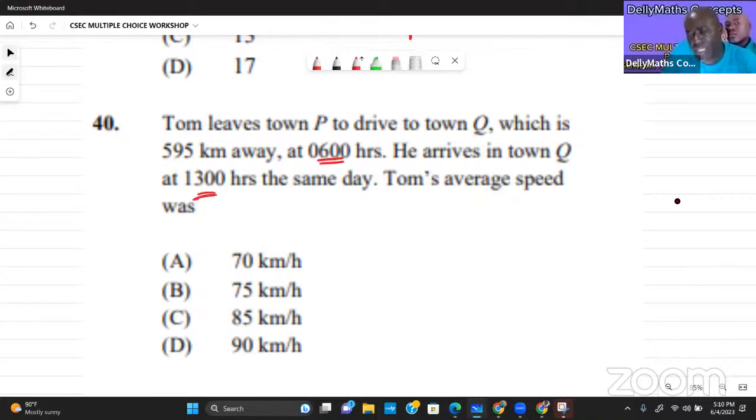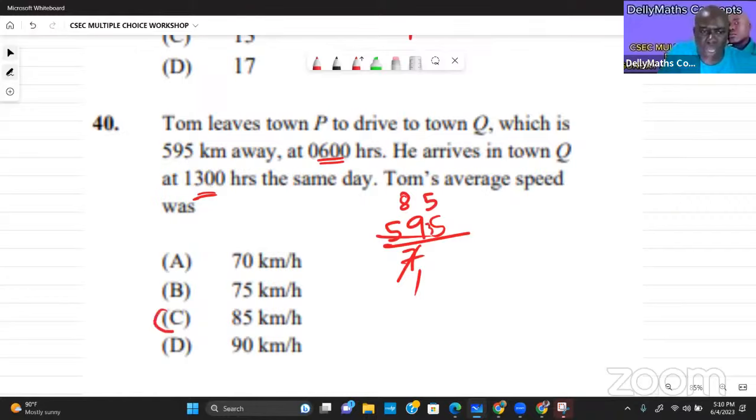The difference is 7 hours. So we're talking about 595, the distance traveled in the 7 hours. So you're dividing by 7. 7 into 59 is 8, 7 times 8 is 56, with a 3, and 7 into 35 is 5. So you're looking for 85.